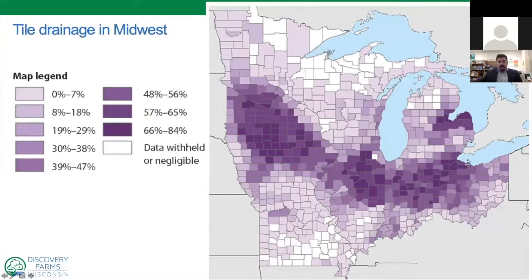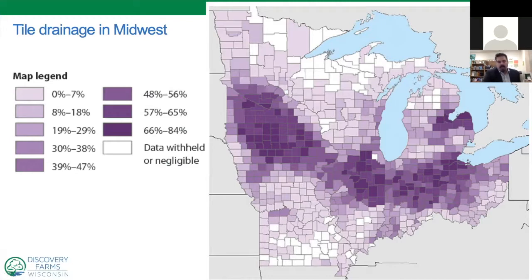So when we look at where the tile drainage is in the Midwest, Wisconsin's a little bit different than our neighboring states. If we think about southern Minnesota through Iowa, Illinois, Indiana, and Ohio, that tile drainage belt is pretty similar.